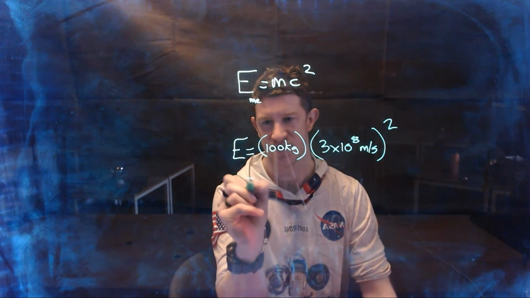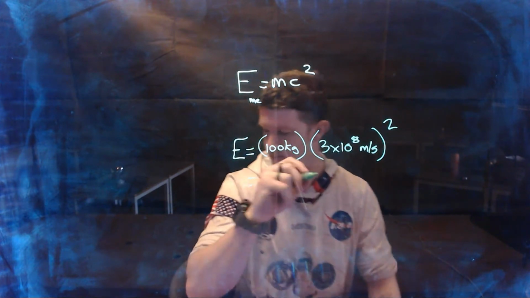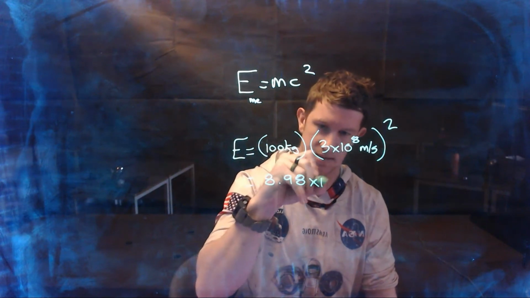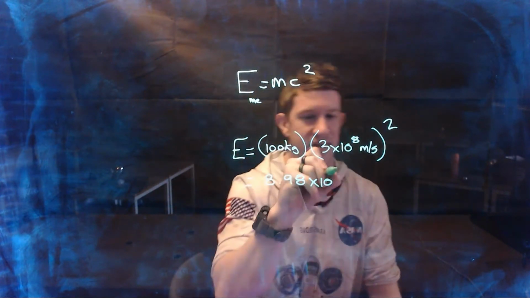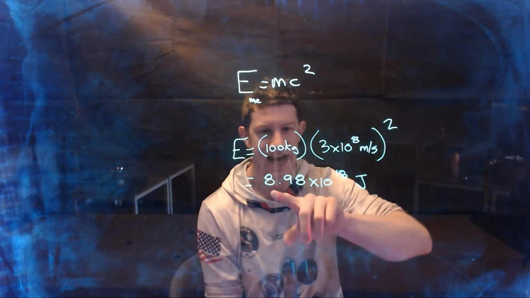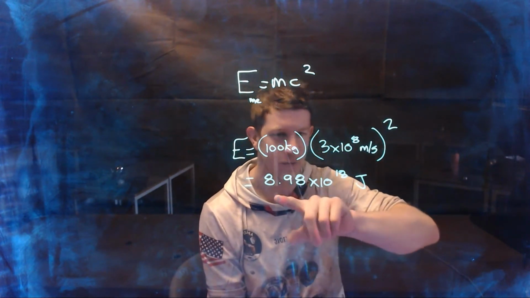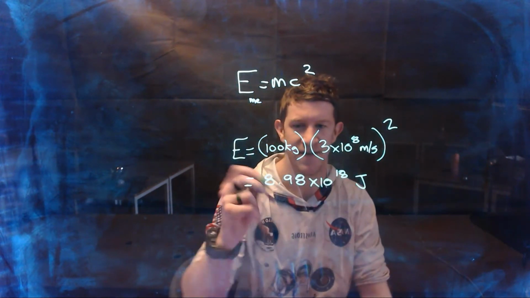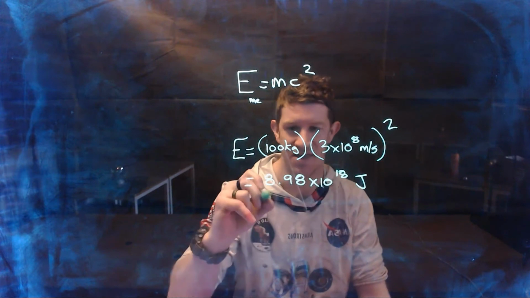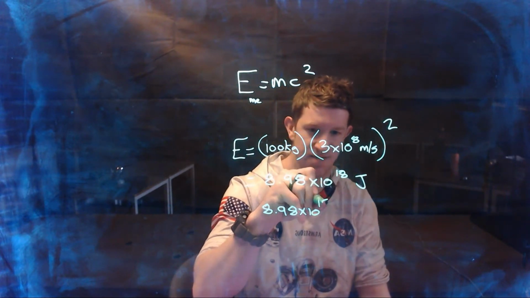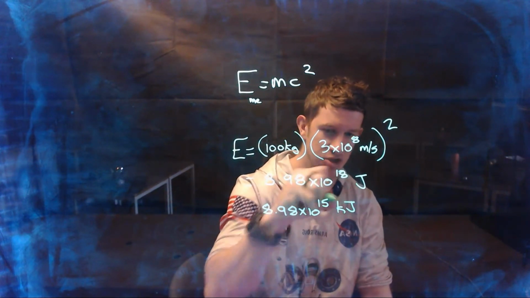And then if I just crunch those numbers in a calculator, I get 8.98 times 10 to the 18 joules. So if you think about it, that is 8.98, or 8 with 18 zeros after it in terms of joules. So even if I want to convert that to kilojoules, I only drop by 3. So that'd be 8.98 times 10 to the 15 kilojoules.